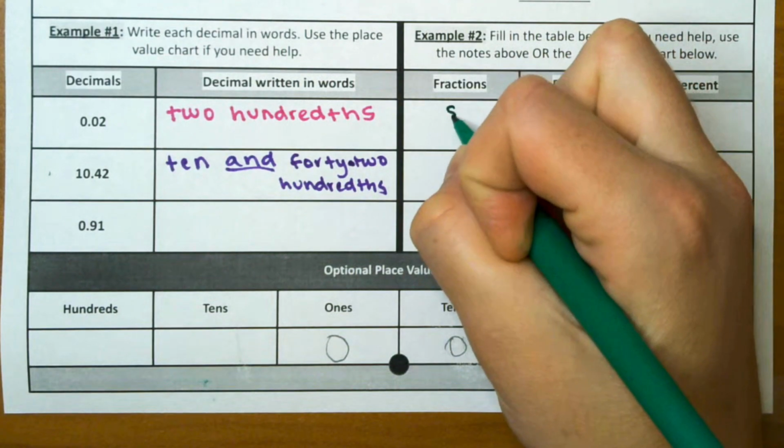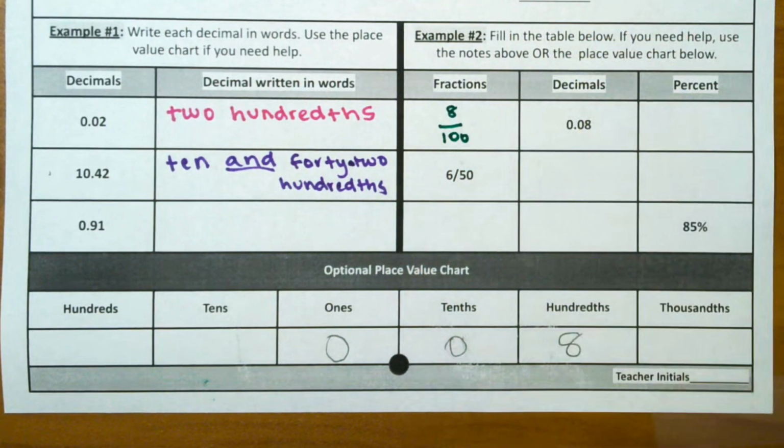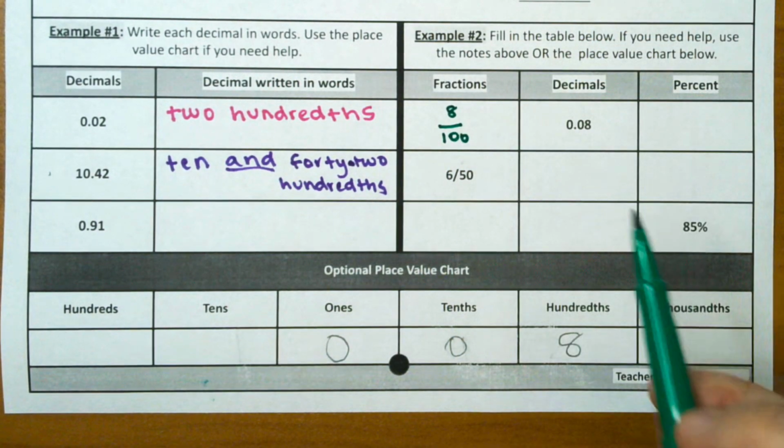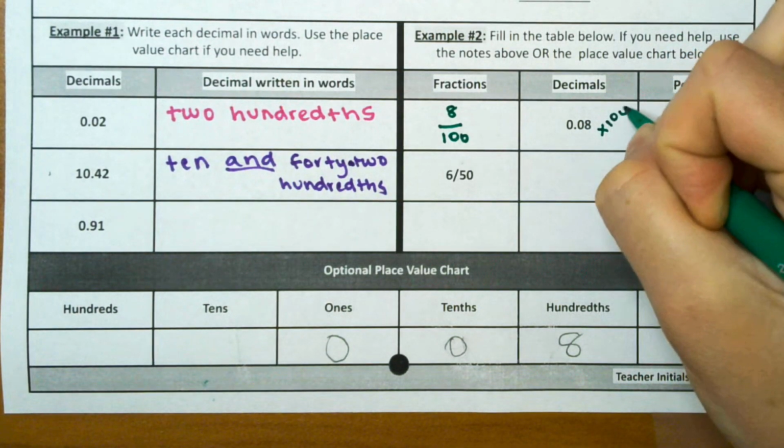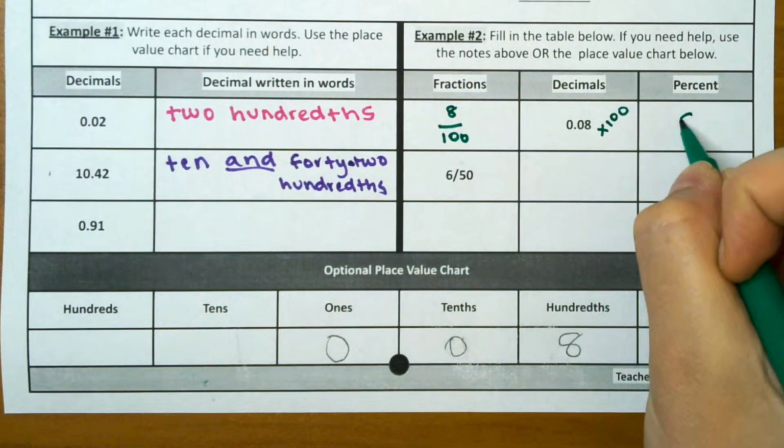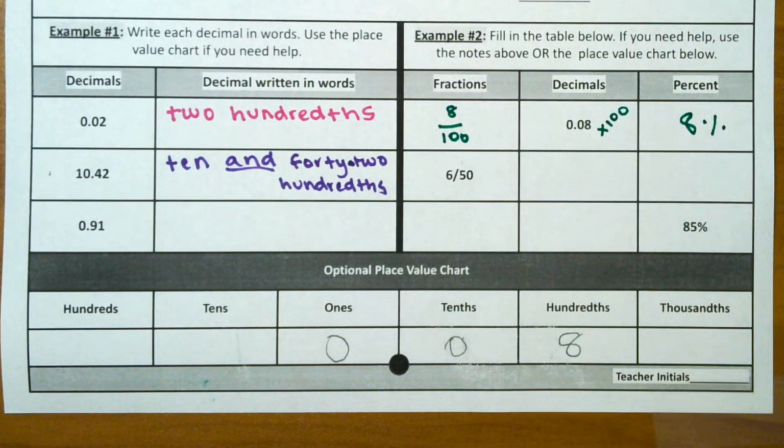So when I write it as a fraction, I'll write it that same way, 8 hundredths. I know to go from a decimal to a percent, I can multiply by 100 and I will get 8%. Go ahead and complete the next 2 rows on your own and come back to the video once you're done with both.